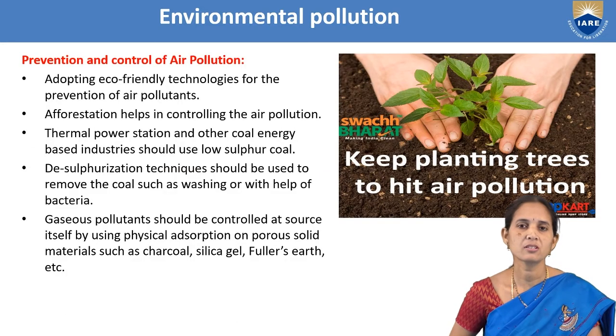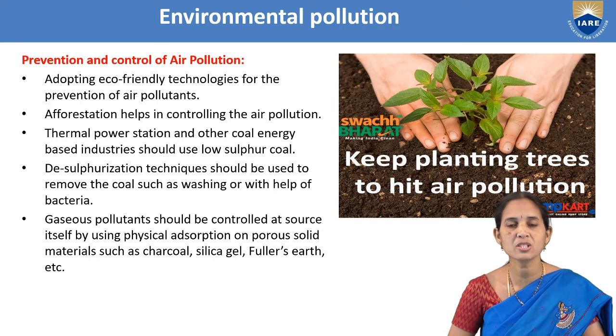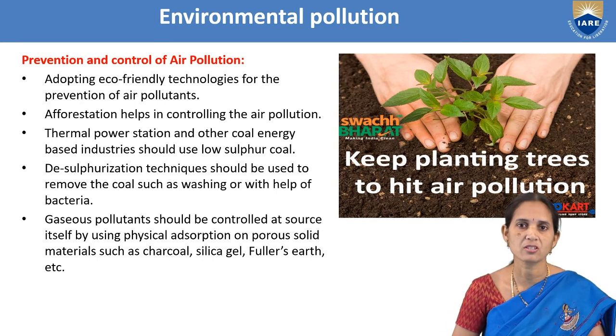So now we discussed the effect of air pollution on human beings, on plants, on aquatic life, and on materials, for example the Taj Mahal. Now how to prevent and how to control air pollution? First we have to do afforestation.